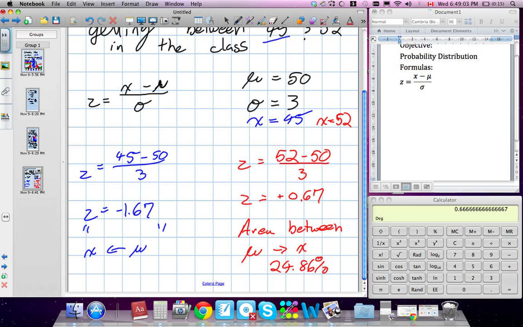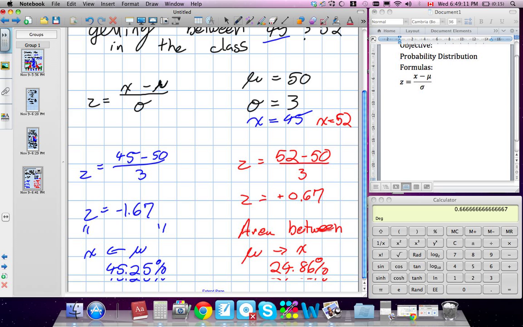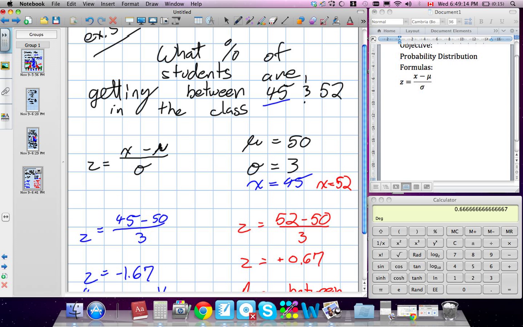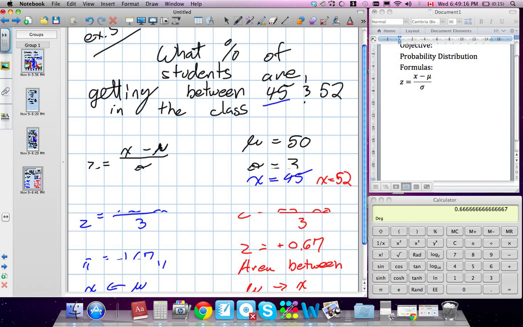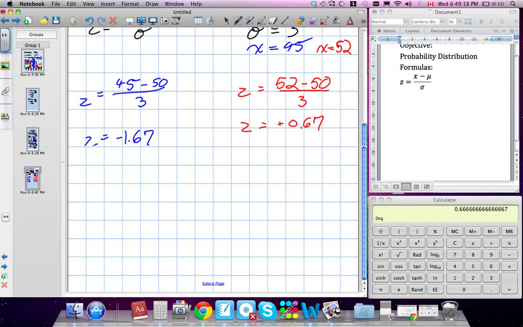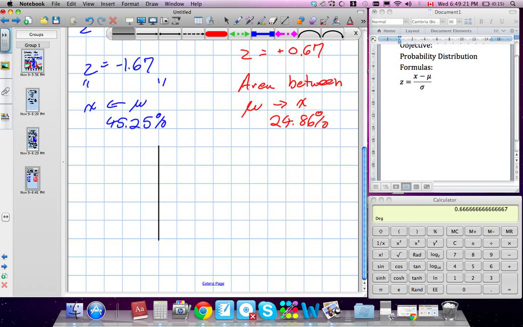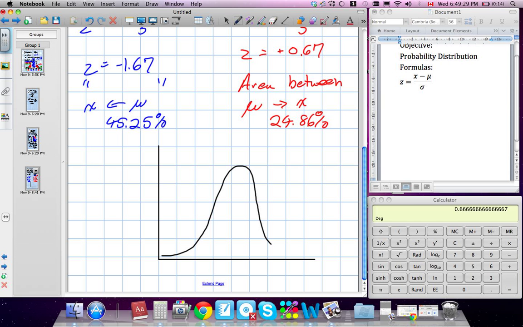Now, when we go to look on our z-score table, let's look it up quickly. When we look this up, we got the area between our mean and our z-score. The area between, for 0.67, we found to be 24.86%.